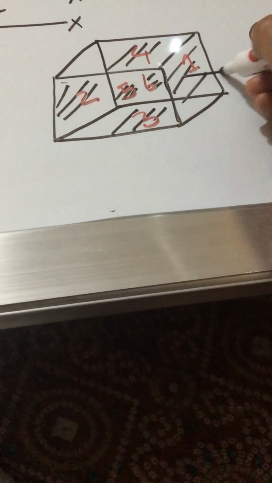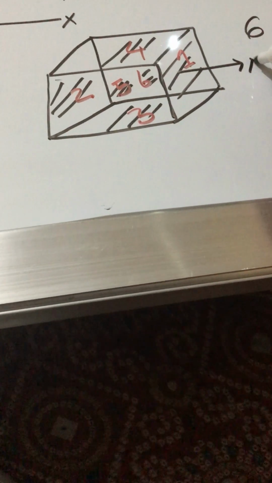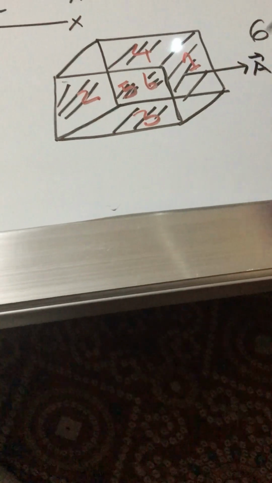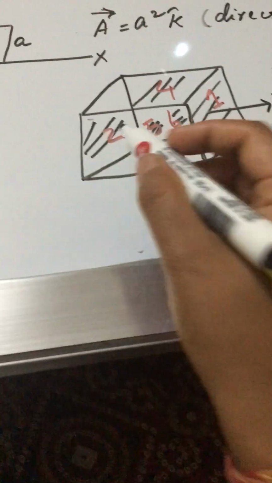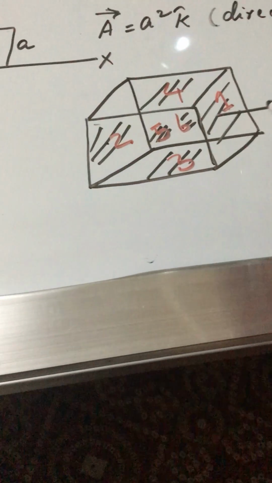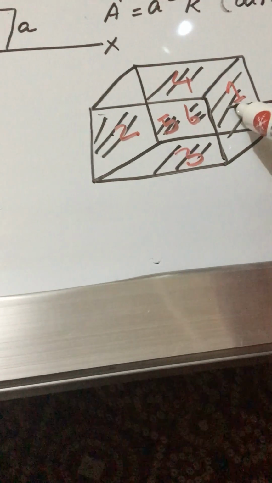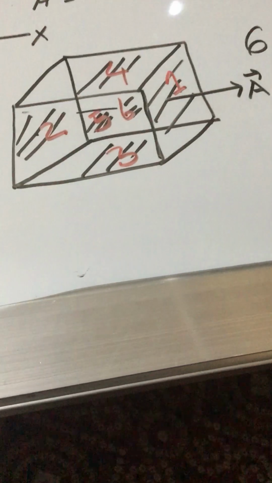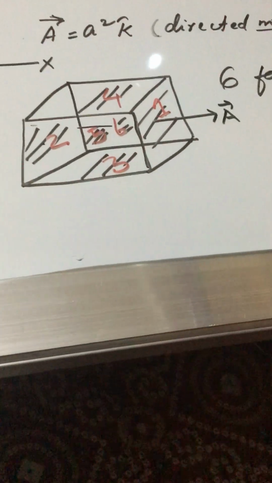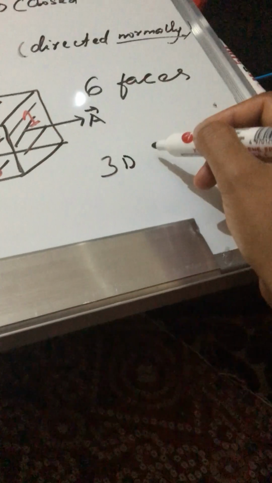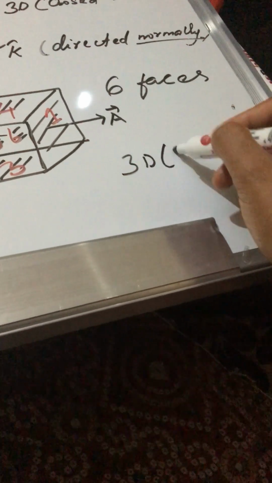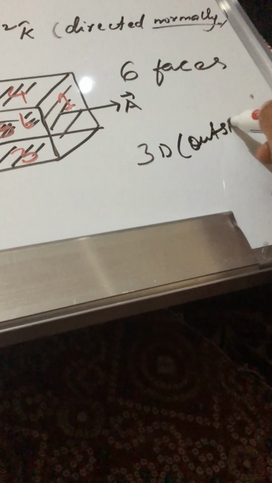This is the direction of the area vector, 90 degrees to the surface. Now for face 2, always remember the area vector should be 90 degrees to it. It can go inside, it can go outside. Always take, for a closed surface, a 3D surface, remember, always take the outside one, not the inside one.